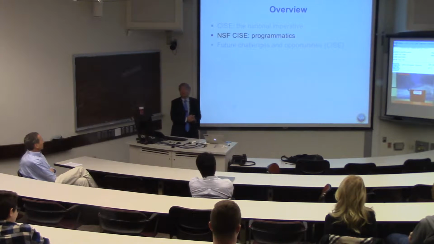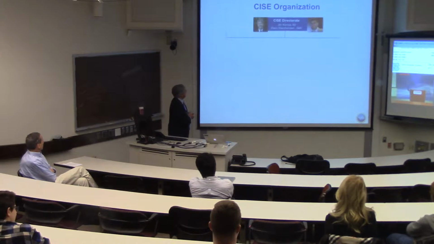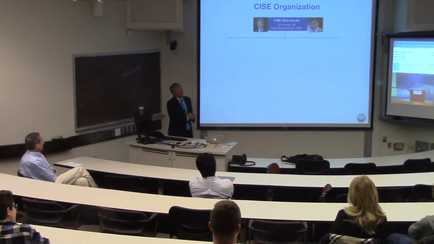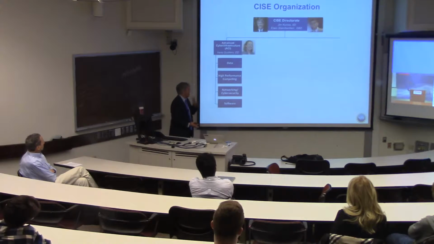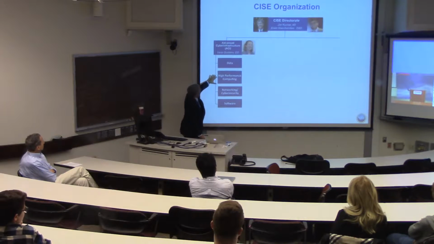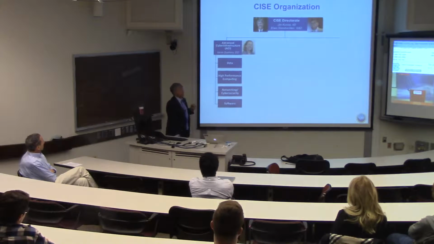Okay, let me tell you a little bit about programmatics at NSF. I apologize, I have an org chart here, and it's not so much the org. I just want to tell you how the National Science Foundation's CISE Directorate is structured. So we have a division of advanced cyberinfrastructure. Again, I mentioned before the National Strategic Computing Initiative.